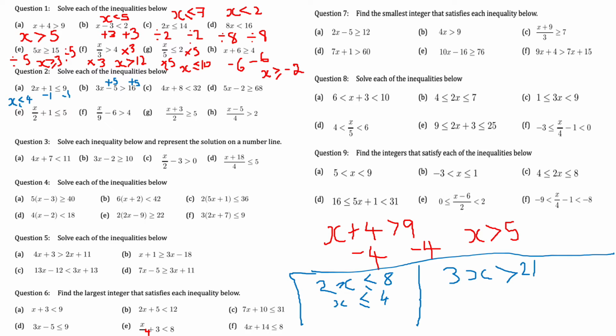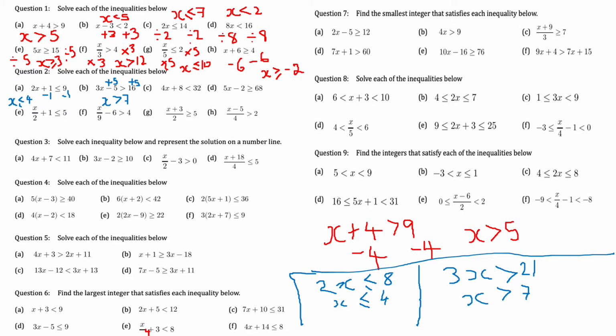Dividing both sides by 3, because 3x means 3 times x, x is 21 divided by 3, which is 7. So x is greater than 7 for part B.